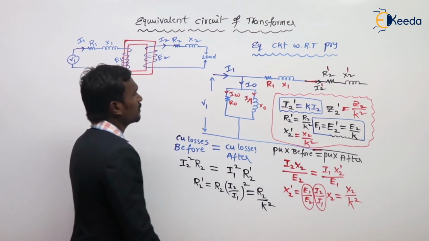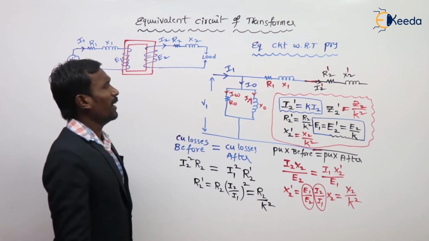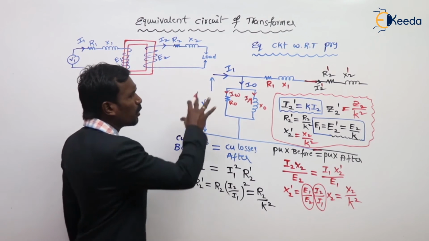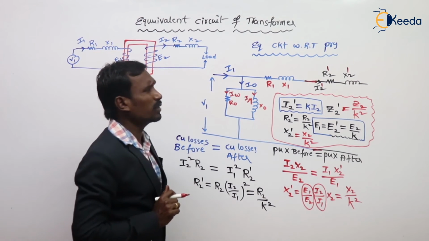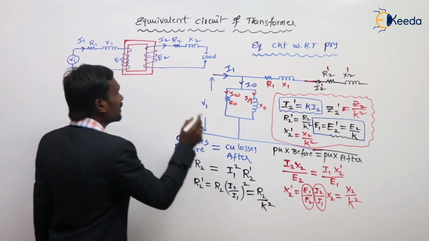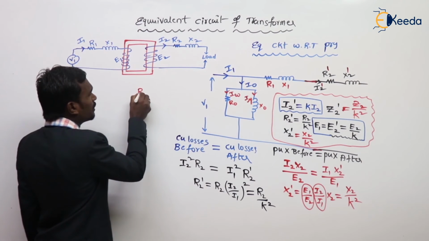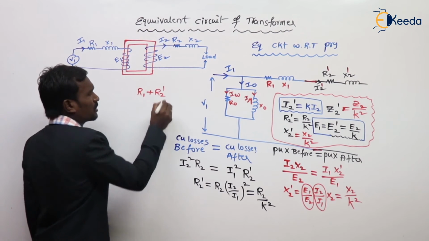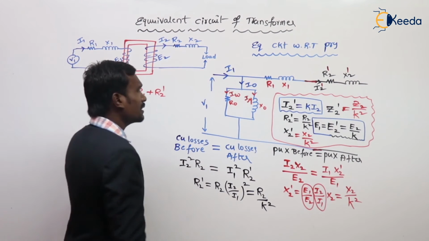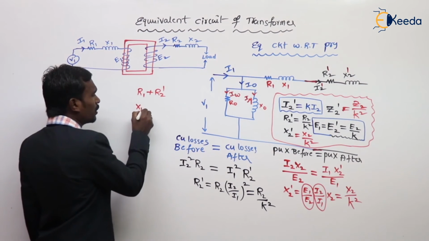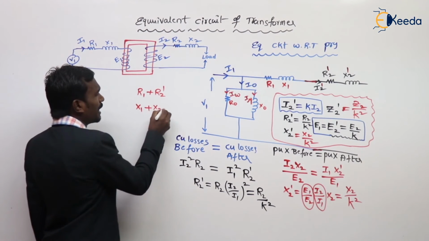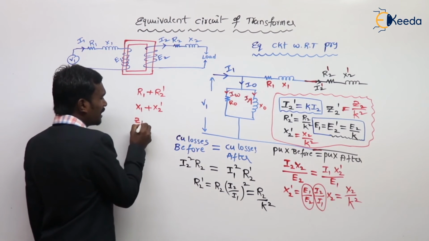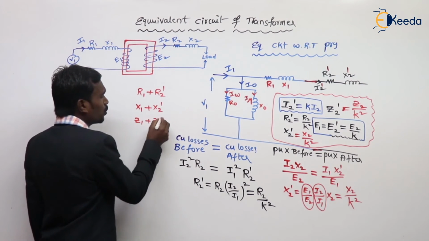Now see here. Finally, what is the total resistance in the circuit? The total resistance in the circuit is R1 and R2 dash. What is the total reactance in the circuit? X1 and X2 dash, Z1 and Z2 dash.